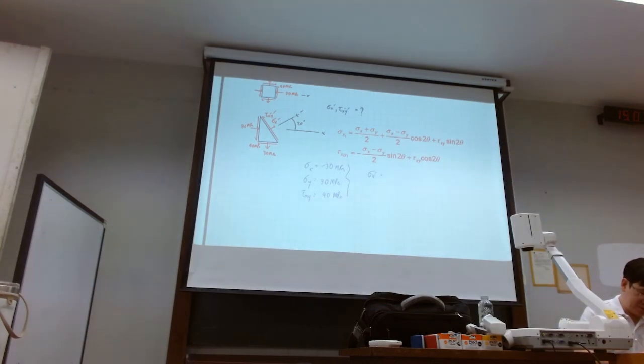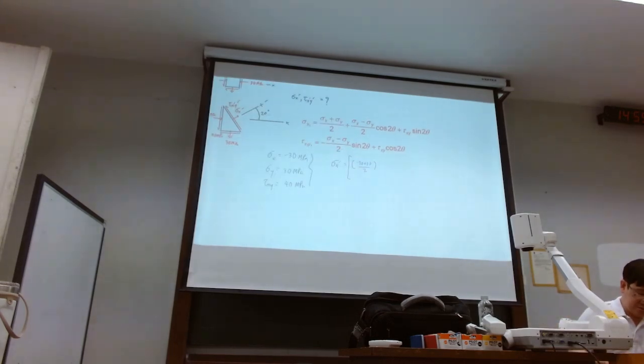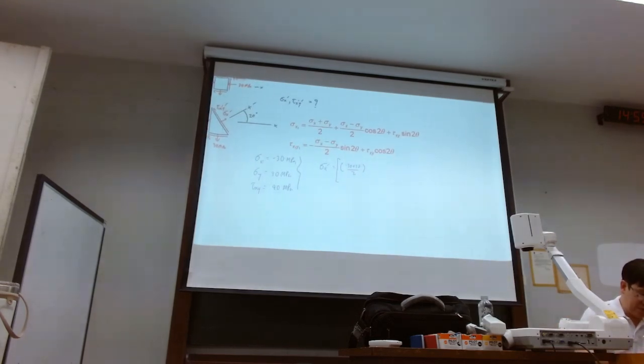Sigma x prime would be minus 30 plus 30 over 2. I will put MPa all the way to the end so that I don't have to put MPa every time, but you just have to make sure that you're consistent with the units.